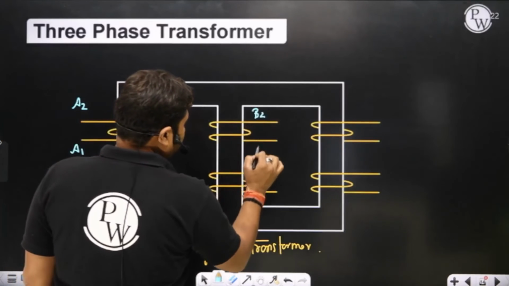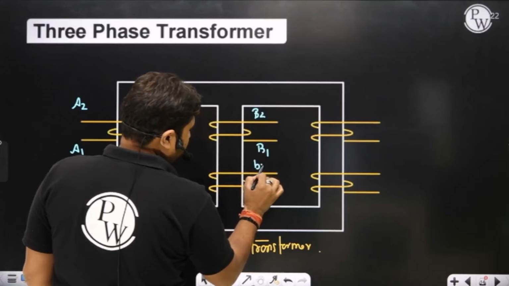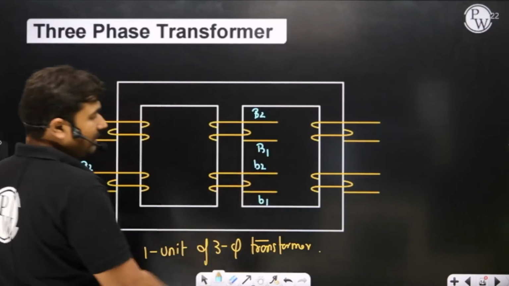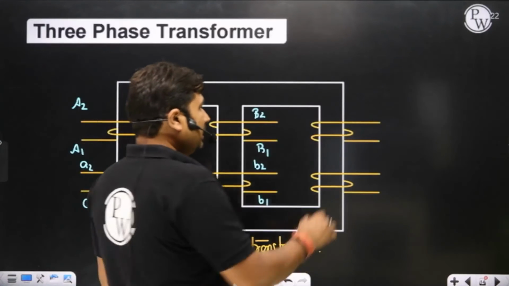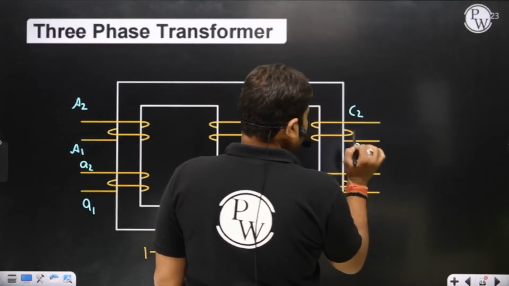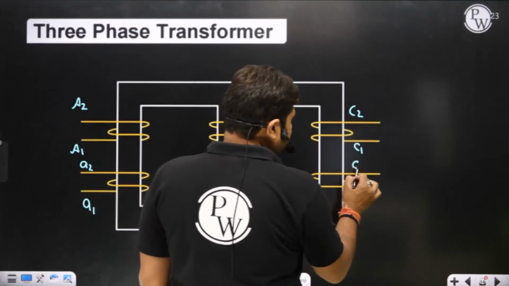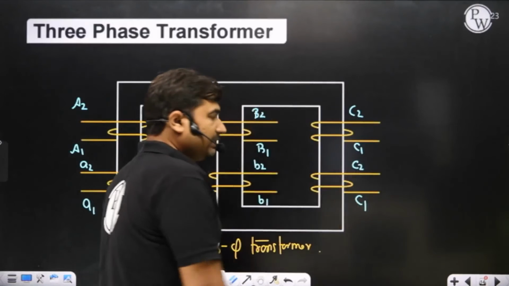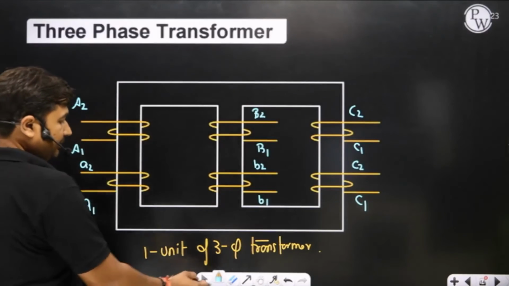Capital B2, B1 is B phase HV side, small b2, b1 is B phase LV side. Capital C2, C1 is C phase HV side and small c2, c1 is C phase LV side.